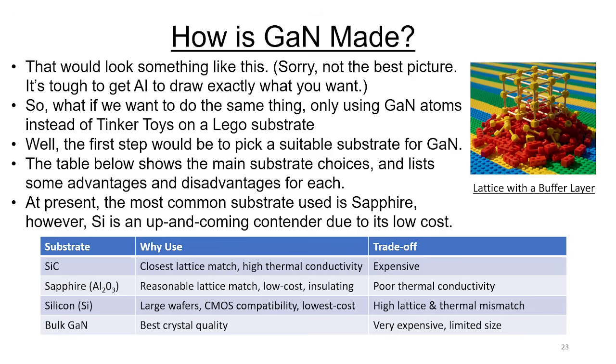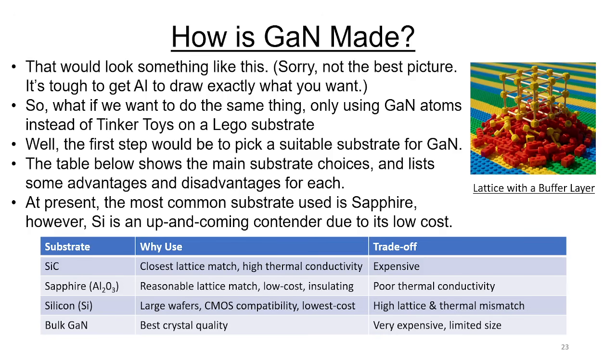And the table below shows the main substrate choices and lists some advantages and disadvantages for each. Now at present, the most common substrate used is sapphire because it matches the crystal lattice of gallium nitride fairly closely. However, sapphire is somewhat expensive material.